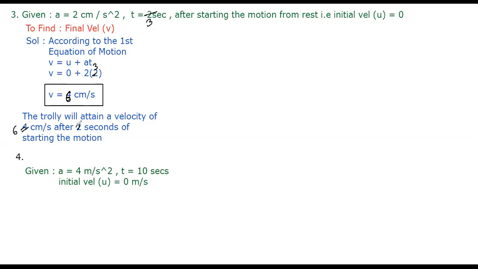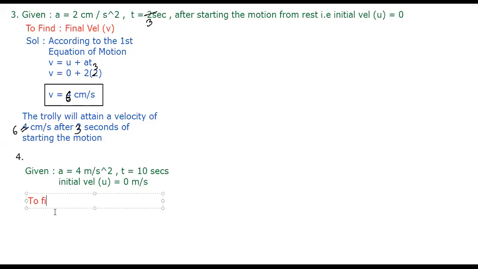Yes, sir. 6 centimeter per second after 3 seconds of starting the motion. Do the changes. Now in question number 4, a, t and u are given. What have they asked us? Distance it will cover.